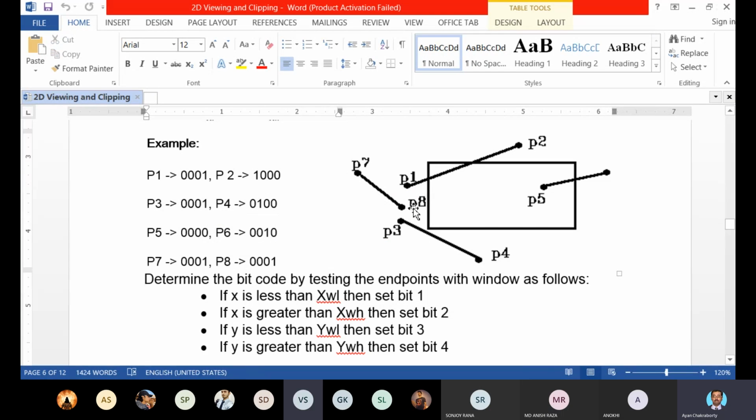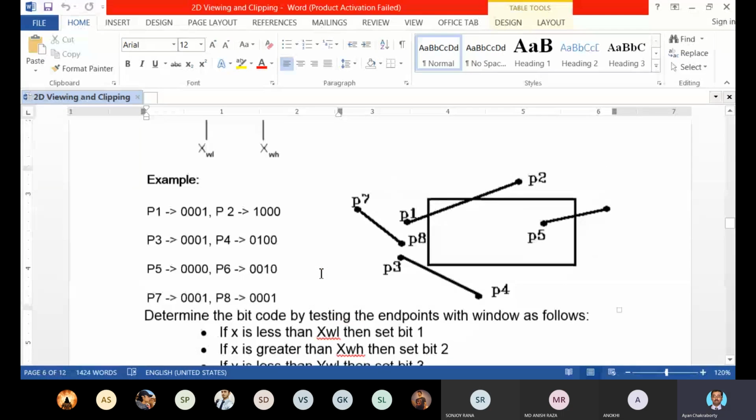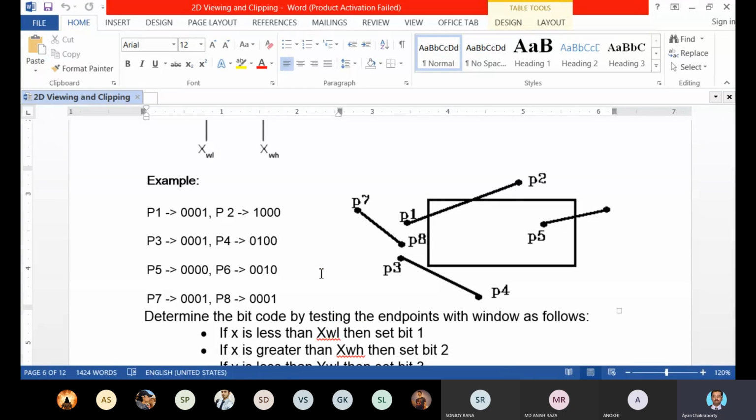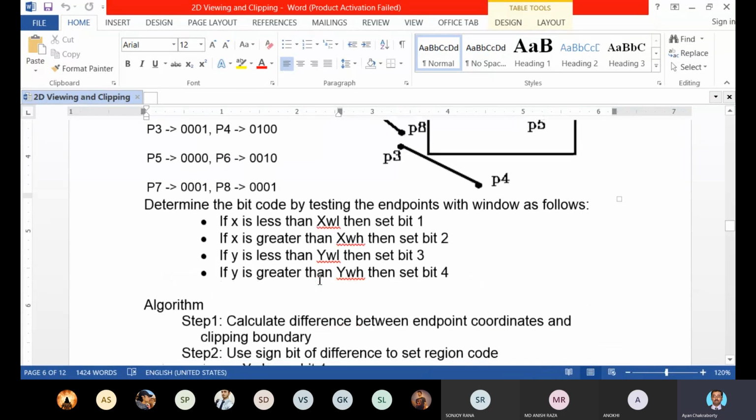And P8 is also in the west region, so it is denoted by 0001. So all the endpoints of these 4 lines have been denoted by these region codes.